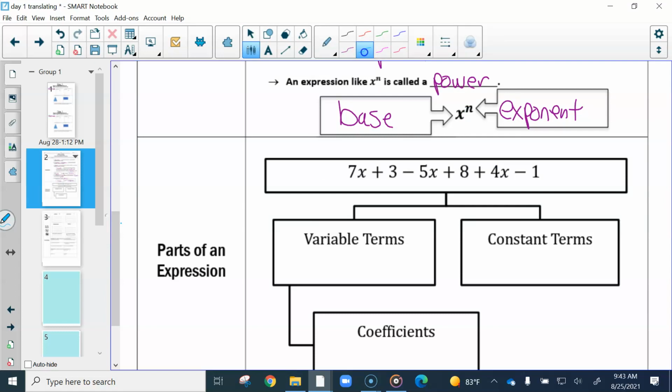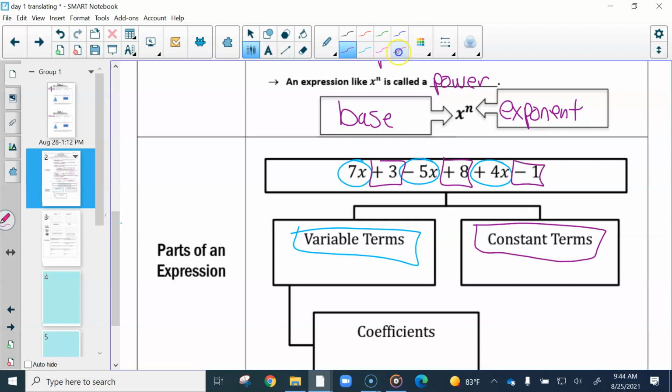Of these terms, which ones are variable terms? Negative 5x, 4x. Which ones are constant terms, Jenna? A and negative 1. And which ones are coefficients?